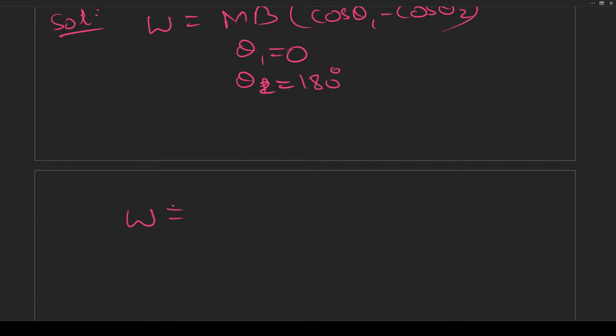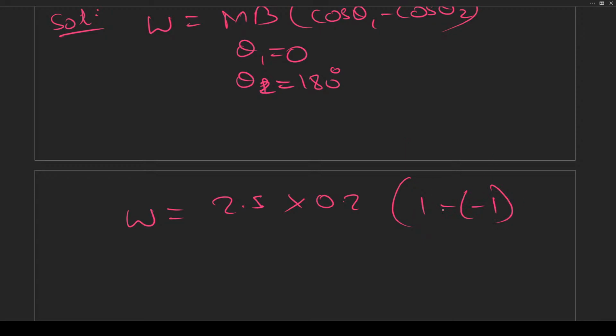W is equal to the magnetic moment, which they gave as 2.5, times the magnetic field, which they gave as 0.2, times (cos theta 1, which is 1, minus cos 180 degrees, which is minus 1).